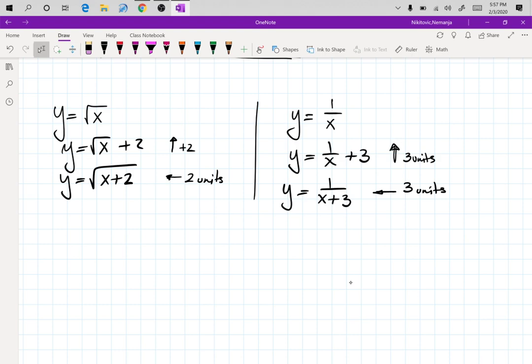So now, if I want to graph this one, I will take the original square root of x and then move it 2 units to the left.